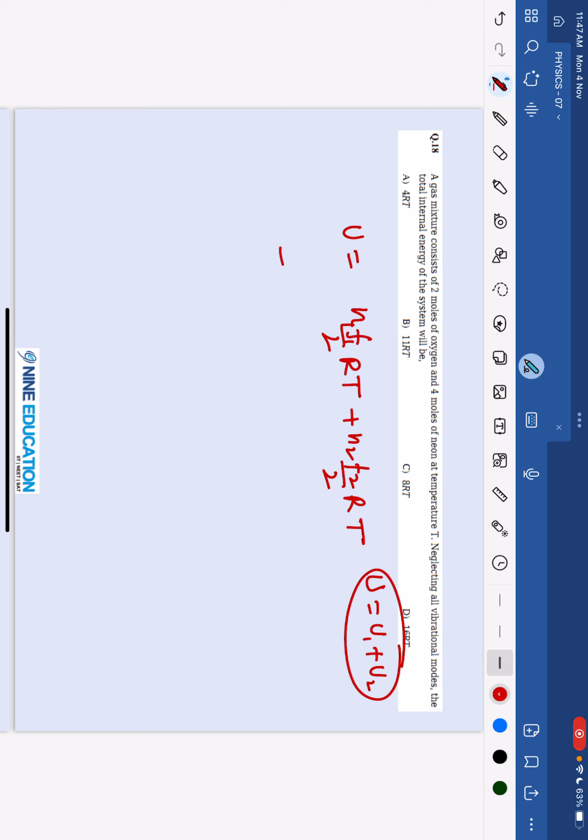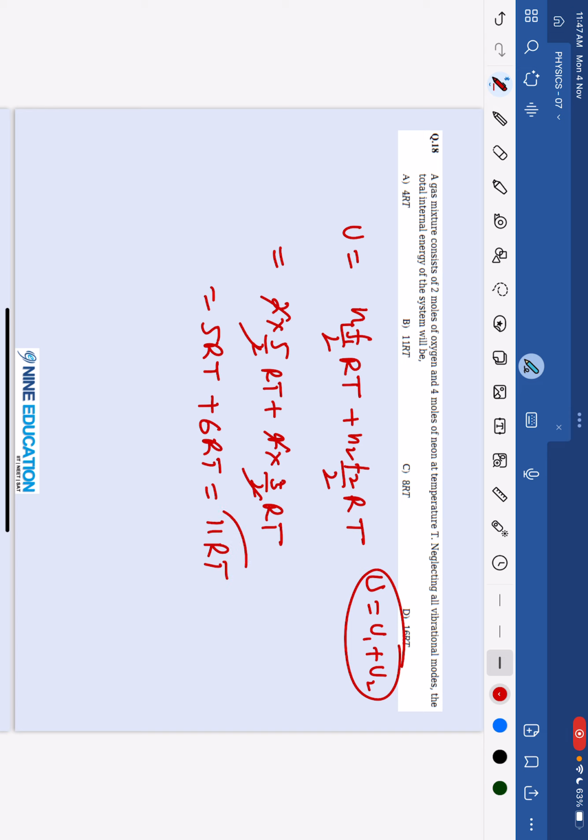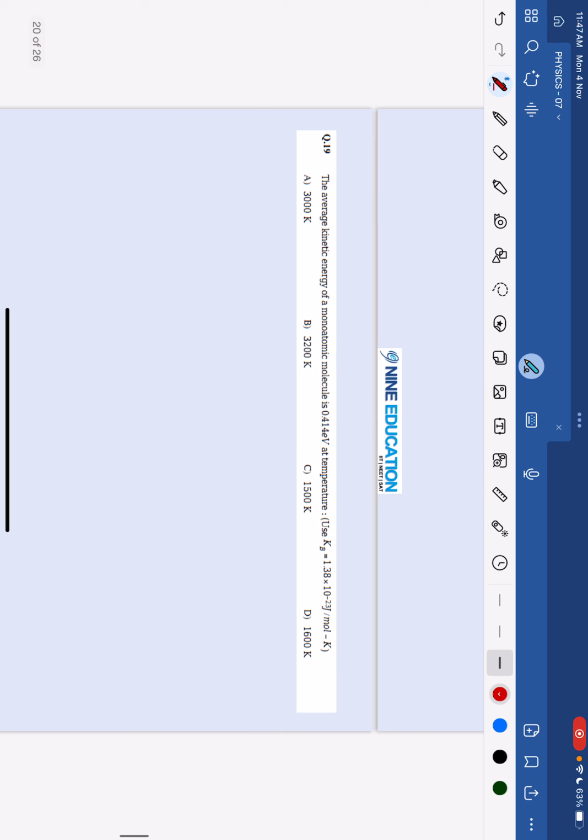So that's why we are putting the total. Now n1 is 2 moles, and the degree of freedom for a diatomic gas is 5, so 2 times 5 by 2 RT, plus 4 moles of monatomic gas, 3 by 2 RT. This is going to become 5 RT plus 6 RT, so this becomes 11 RT. Nice. We got our answer as B.